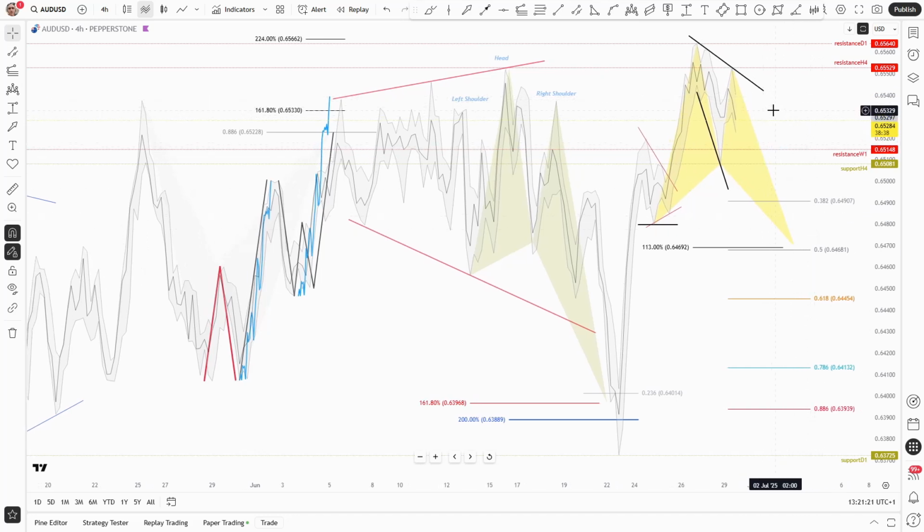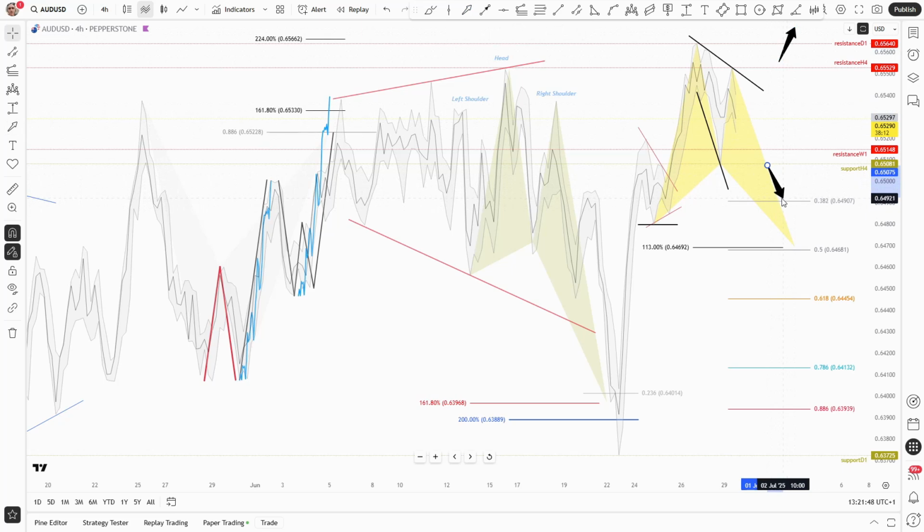So basically we are at this point exactly at the midpoint of the measure of the range. Let's say the intraday support at 65.08, intraday resistance at 65.52. So we are basically at 65.28, right in the middle of that range. We need to wait for either the breakout above the resistance levels or the breakout below the support.